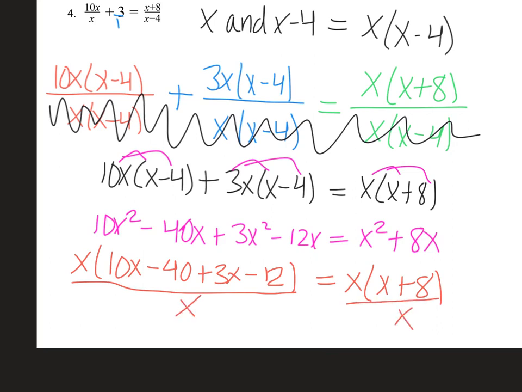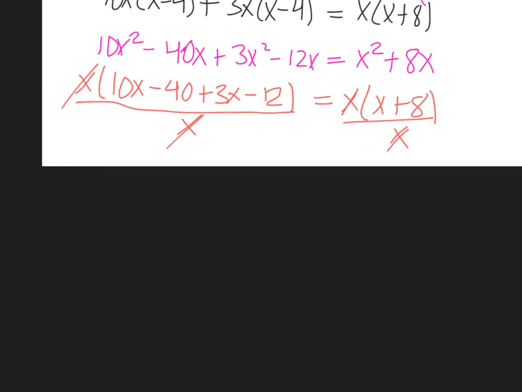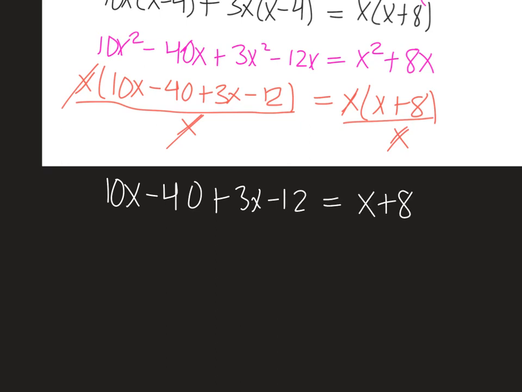And I'm starting to run out of room here, but that's okay. So I'm going to eliminate these x's. Right, I eliminated those x's, and now all I have left are these: 10x minus 40 plus 3x minus 12 equals x plus 8, because all those x's went away.